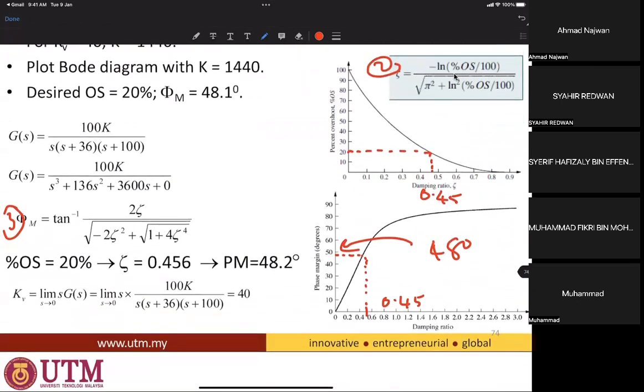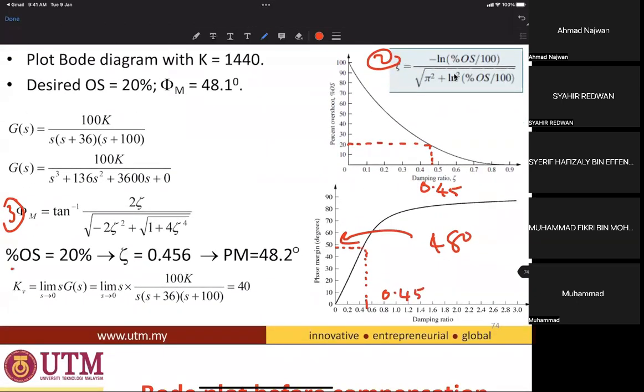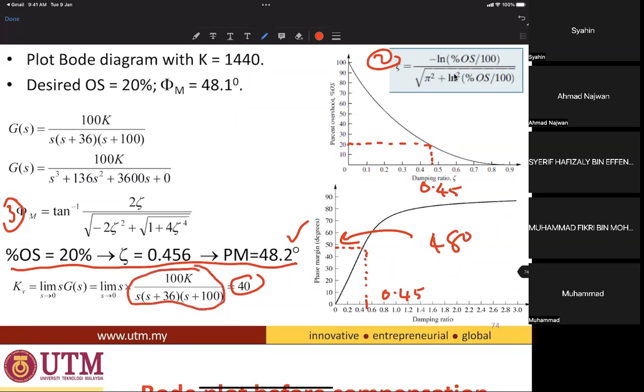From here, this one is settled already. This one, KV is equal to 40, so use the formula, s times G of s, which is the open loop transfer function with the K value.